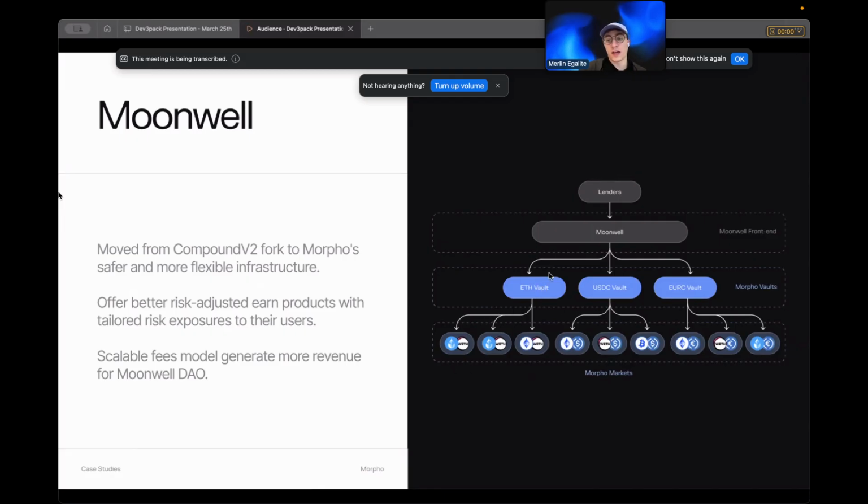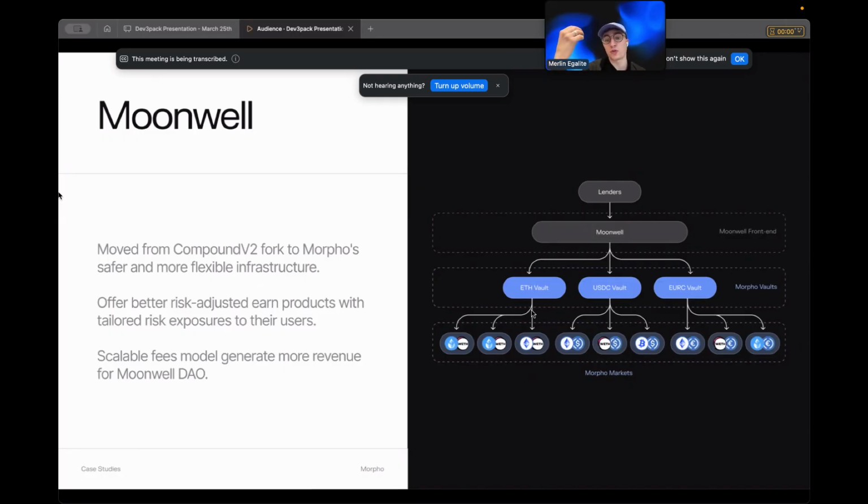Why is there a time lock at the vault level for that action? The goal is basically to have the capacity to protect users. What you don't want is the vault managers listing very risky markets, or even a scammy market.